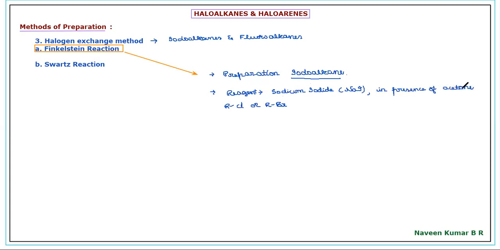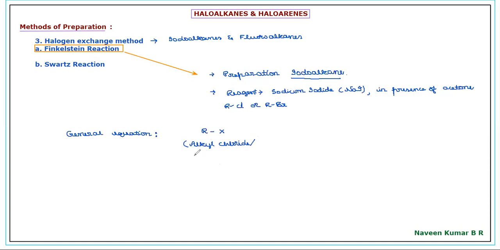Now, if we observe this in equation form, for a general equation you can take RX, where RX may be alkyl chloride or bromide. Other than this, no other alkyl halide will be used in the process.